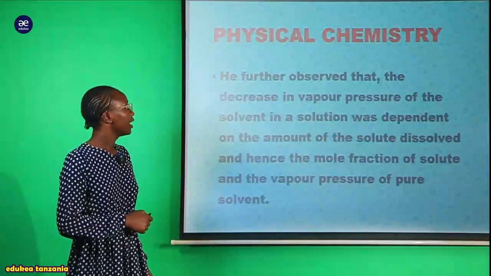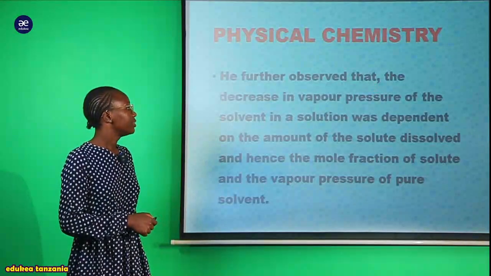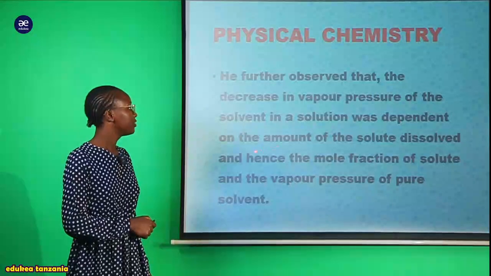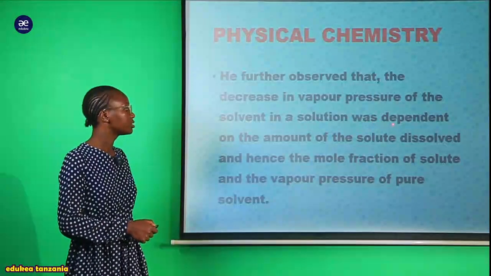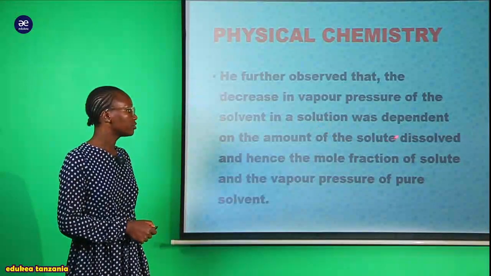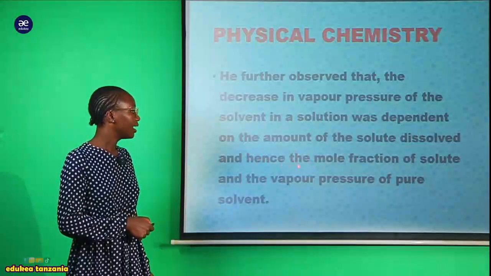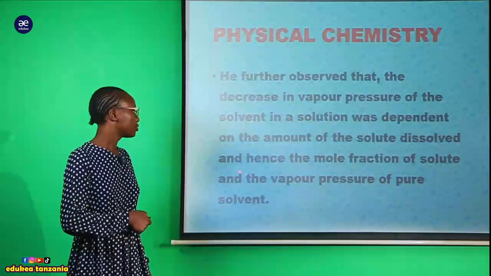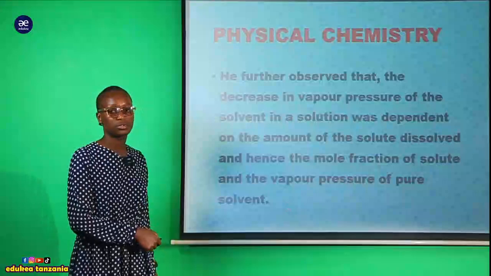Then we can see that he further observed that the decrease in vapor pressure of the solvent in a solution was dependent on the amount of solute dissolved, and hence the mole fraction of solute and the vapor pressure of the pure solvent.